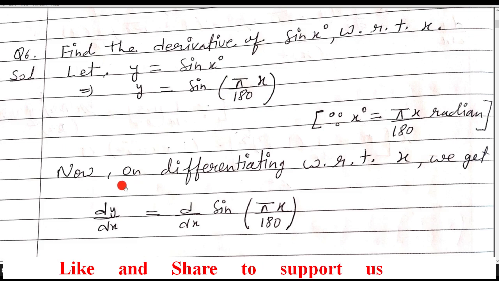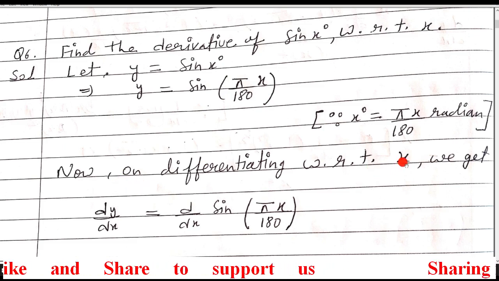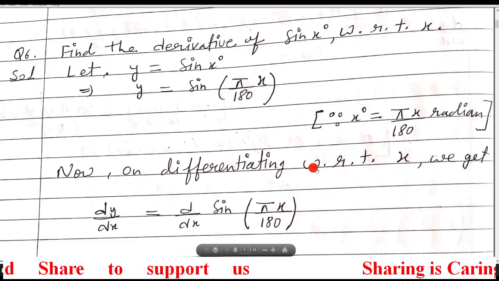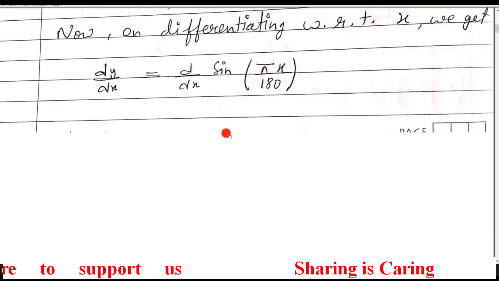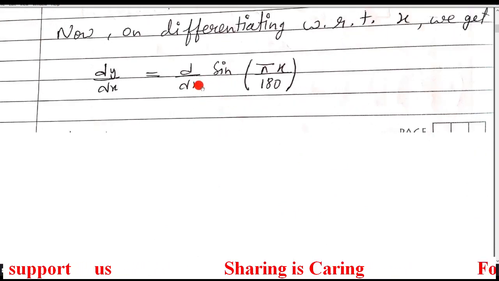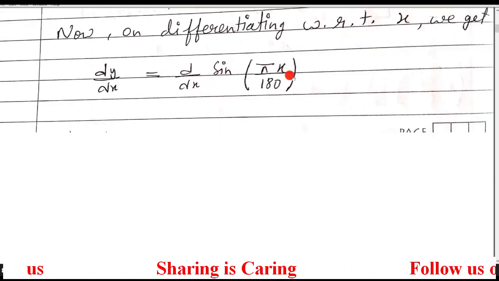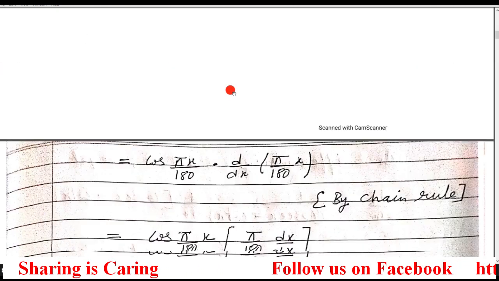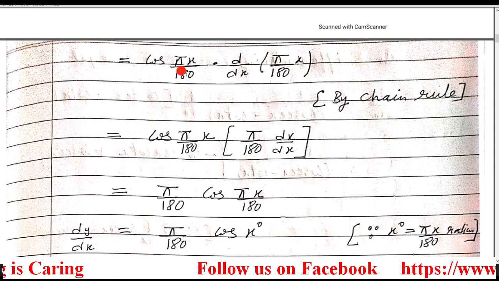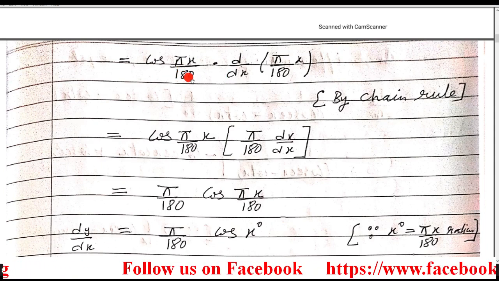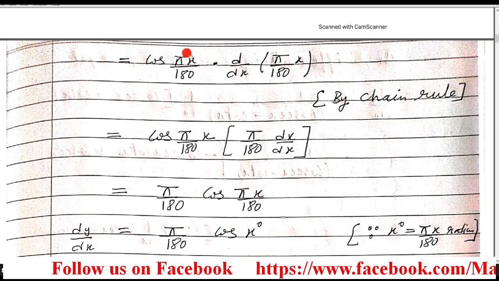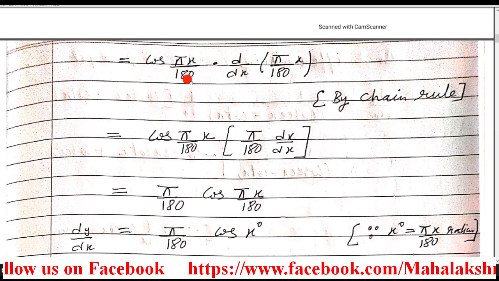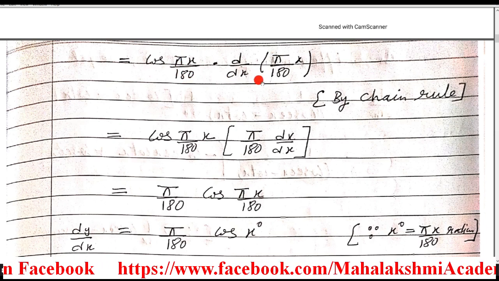So just write, on differentiating with respect to x. When we differentiate it, we are going to use the formula that the differentiation of sin theta is cos theta. So just see the differentiation. So cos theta, but the angle is not in its simplest form, so by chain rule we have to differentiate it again.